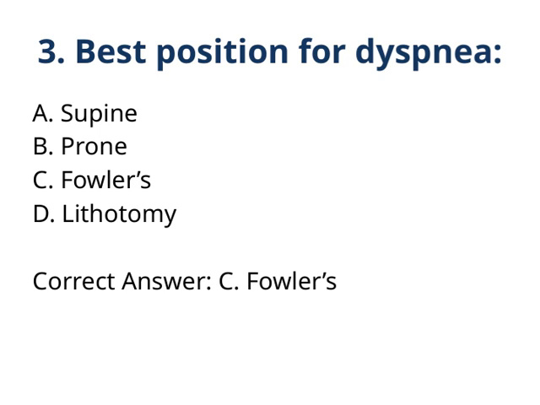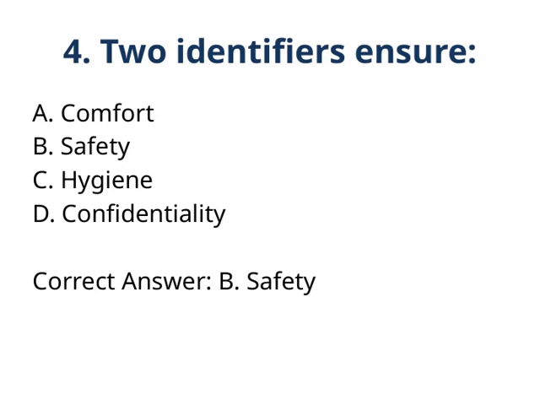Now, when it comes to patient safety, 2 identifiers are absolutely essential. These are the key pieces of information we use to make sure we're matching the right person to the right treatment or procedure. The most common identifiers are the patient's name and date of birth. These help us verify that we're providing care to the correct individual. It's important to remember that relying on just one identifier isn't enough.